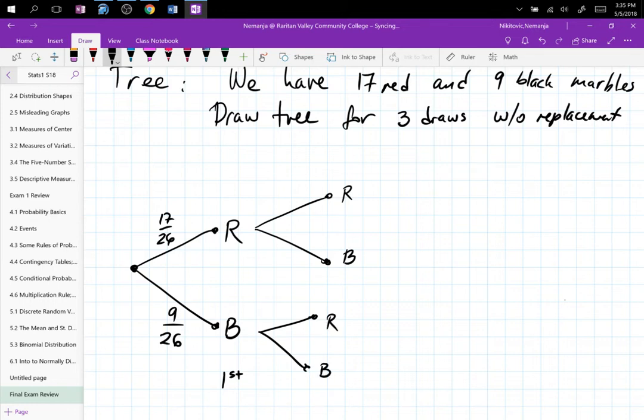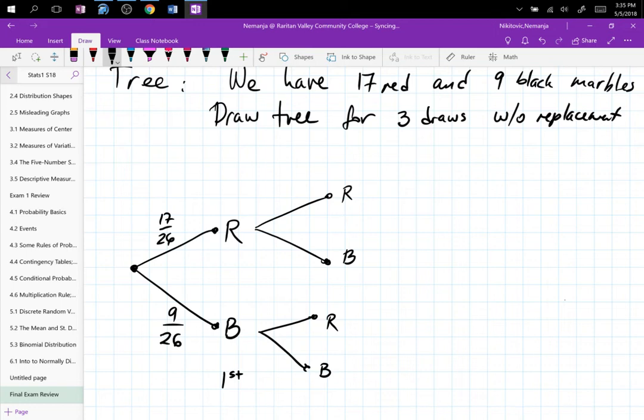Why isn't the probability of picking a red 1 out of 17? Is it because they're all together? Yes. You have 17 red and 9 black marbles, and you put them all in the same bag and mix them.